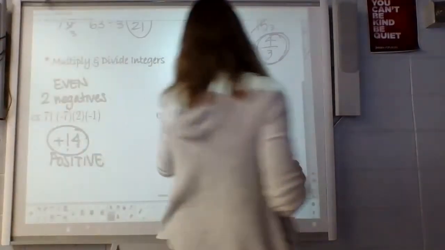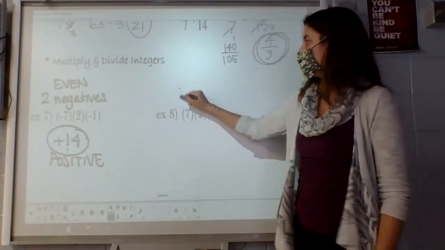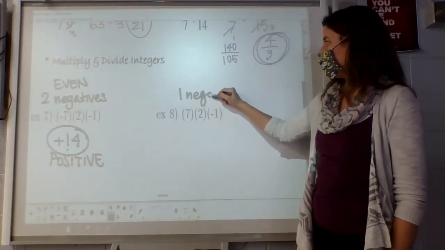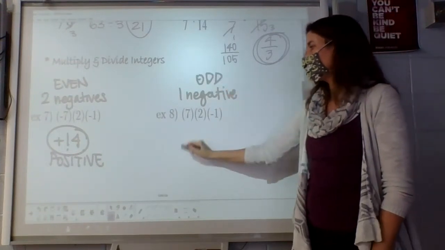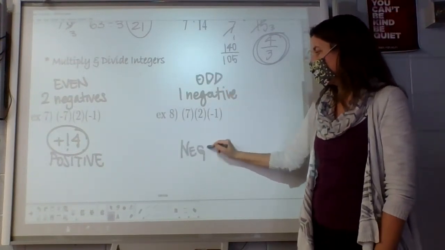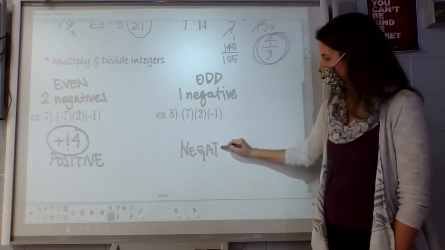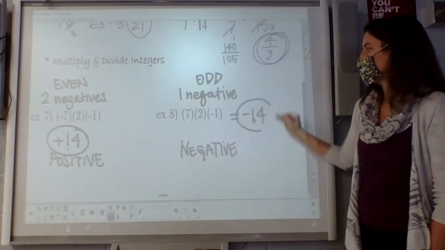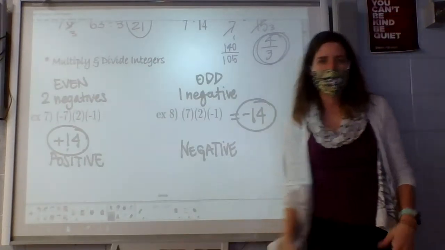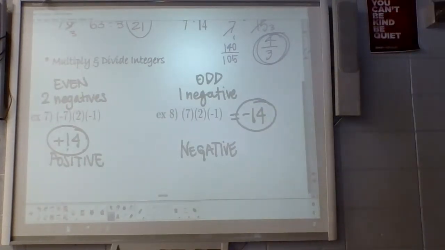Whereas this one, there's only one negative, and one is an odd number. So that means my answer is going to be negative. So this is going to be a negative 14. Just that slight difference, just changing one of those signs.